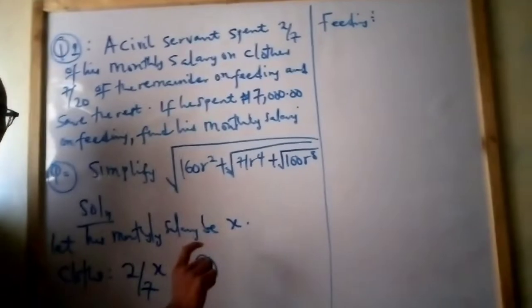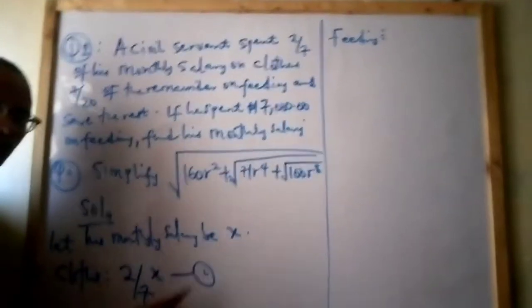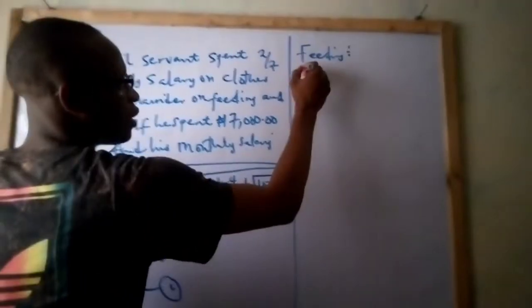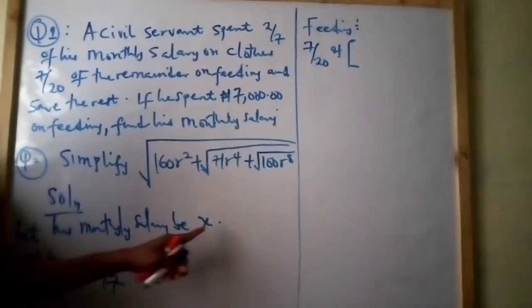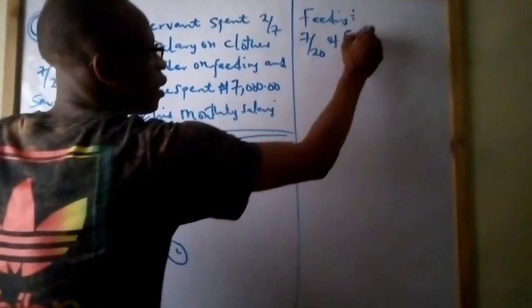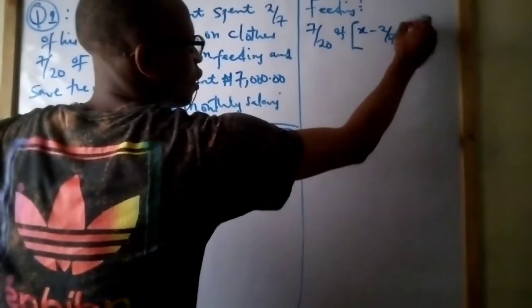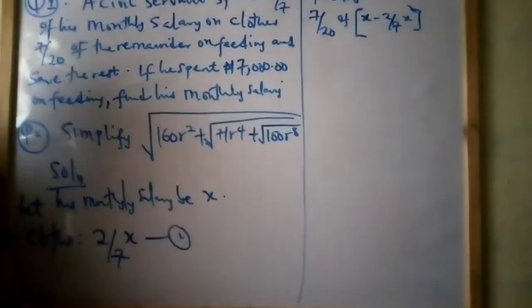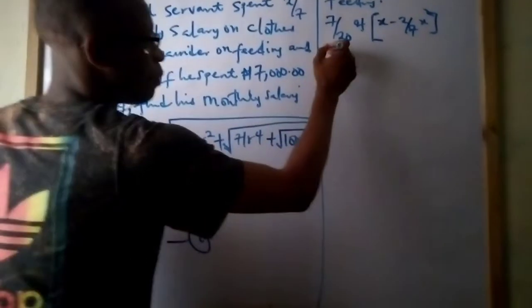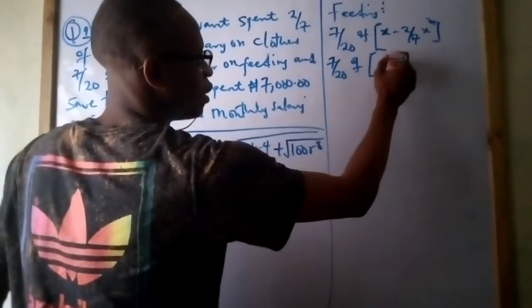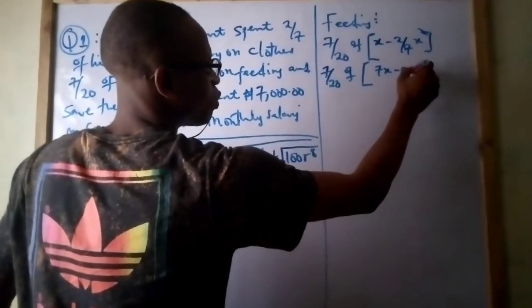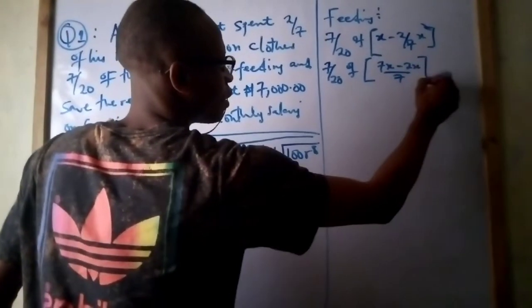So the remainder is just going to be the subtraction of these two. That is 7 over 20 of X minus 2 over 7X. Then let's simplify that further. We simply have 7 over 20 of, then we look for the LCM here, which is 7X minus 2X all over 7.